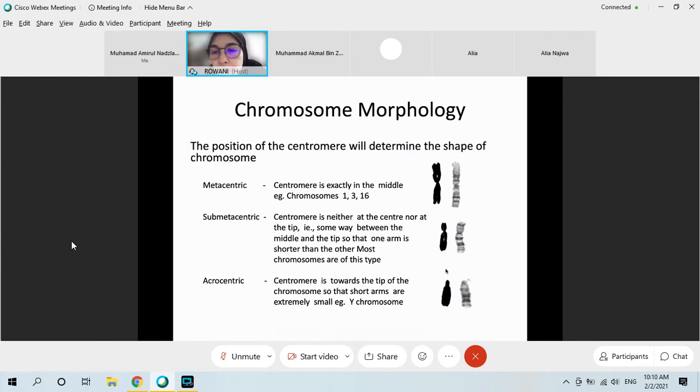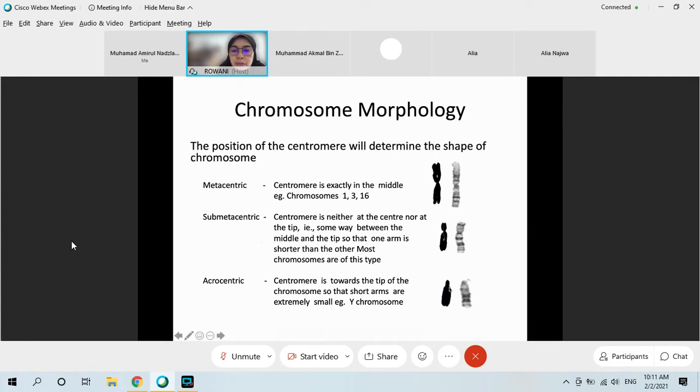Based on the location of your centromere, you can divide your chromosomes into three different structures: metacentric, submetacentric, and acrocentric. Metacentric is when the centromere is exactly in the middle. Submetacentric is when the centromere is in between the middle and the tip.